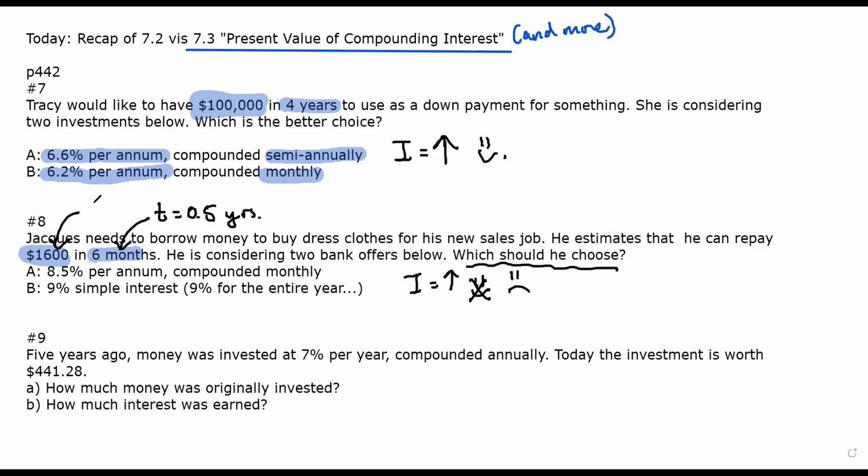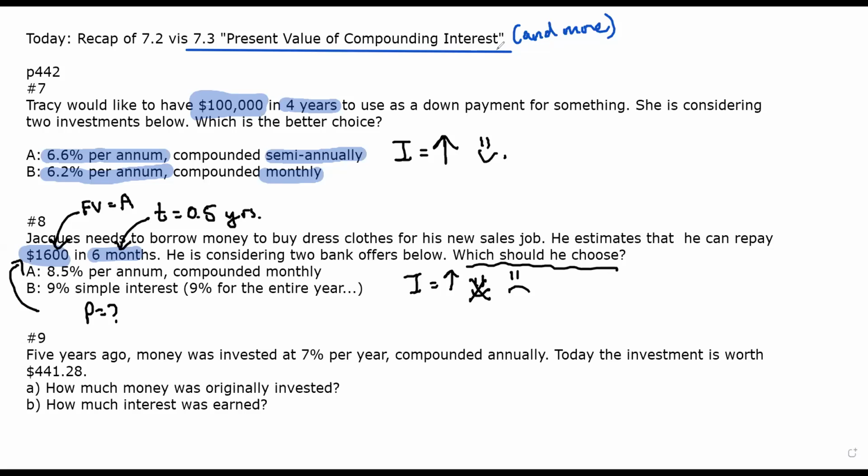Going once, going twice. This is the future value, the final amount. This is going to be the end product. So how much can he borrow now if he's going to pay back this much later? That is what we're going to compare.